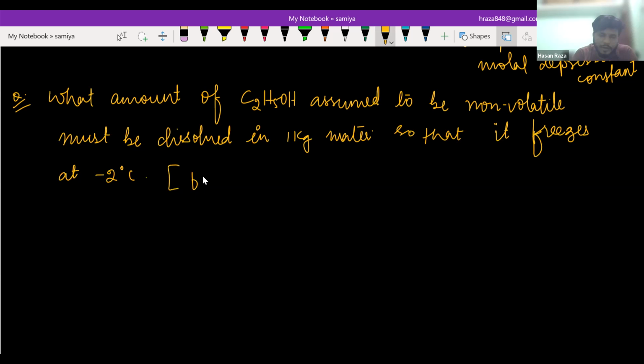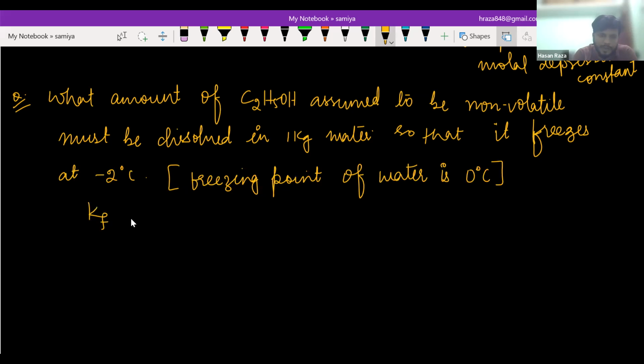And here it is given that the freezing point of water is 0 degrees centigrade, and also Kf equals 1.86 Kelvin kg per mole.